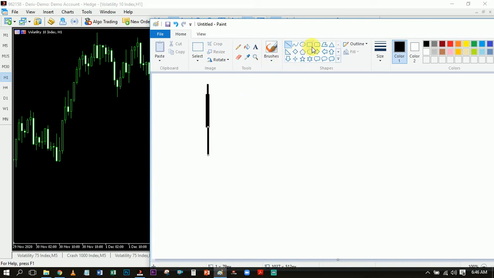Now let's draw another candlestick. Let's make this bullish. This is bullish now. You can see that space inside. Then let me show you this.